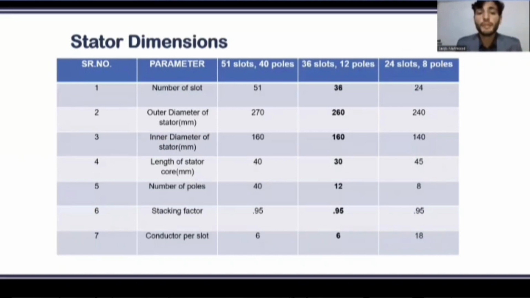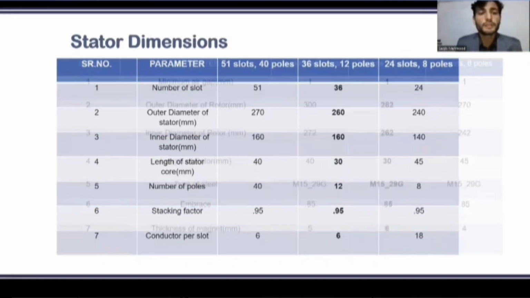The inner diameter of the stator is kept constant for two models, but for the third model it is 140 millimeter. Taking into consideration the design parameters of the motor, we kept the axial length as low as possible, which is 30, 40, and 45 millimeter for each model.